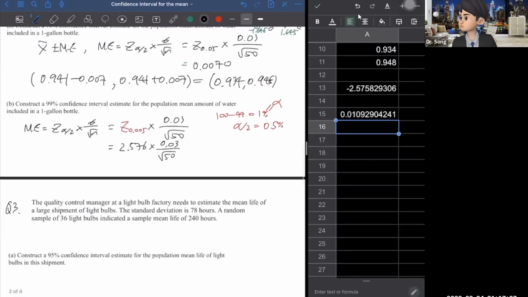Okay. Then do the same thing. We have the sample mean 0.941 minus 0.0109. So let me keep the 4 decimal places. And then the upper bound is 0.941 plus 0.0109. Then we can find the upper bound. So let me calculate the lower bound, the upper bound, and then compare with question A.